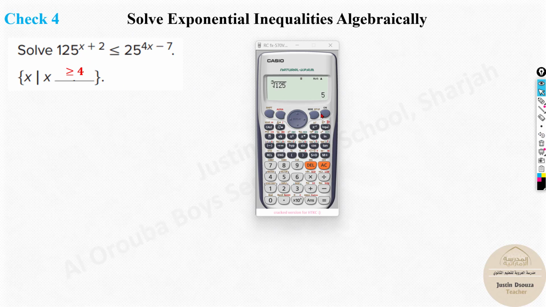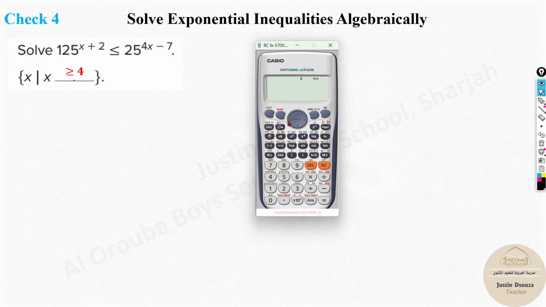I think I'll just quickly try this in calculator. I think so you will get the answer. Alpha x plus 2 is equal to, instead of inequality you have to write equal to, and then 4 alpha x minus 7, shift and solve. Let's see. Not sure.